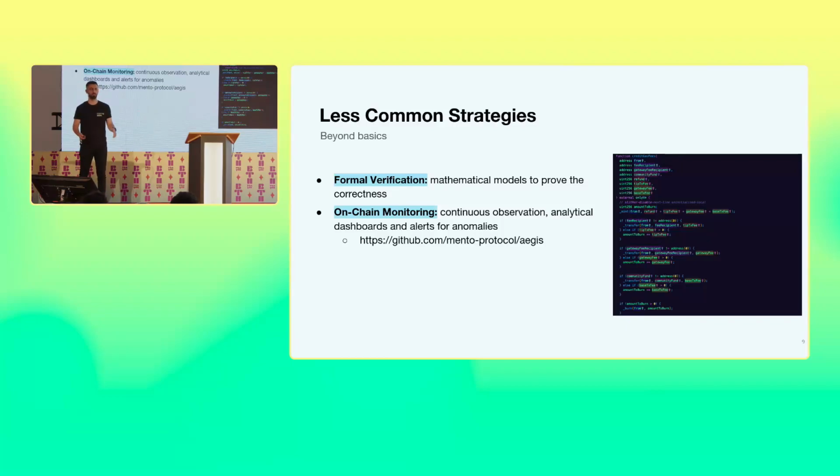So if one of your invariants breaks, or if there is something weird happening on-chain, you will get notified in real time. This is an open source project, and it is business logic agnostic. So go to our repo, fork it, and start using it in no time.